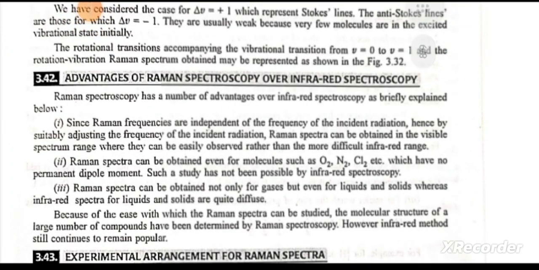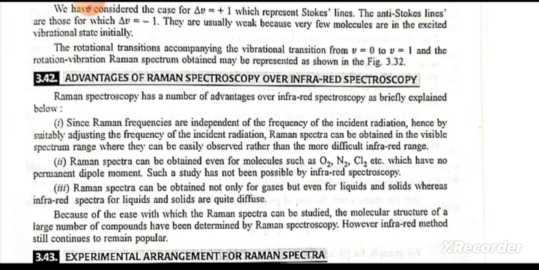Advantages of Raman spectroscopy over infrared spectroscopy. Raman spectroscopy has a number of advantages over infrared spectroscopy, as briefly explained below. First, since Raman frequencies are independent of the frequency of the incident radiation, by suitably adjusting the frequency of the incident radiation, Raman spectra can be obtained in the visible range, where they can be easily observed, rather than the more difficult infrared range.